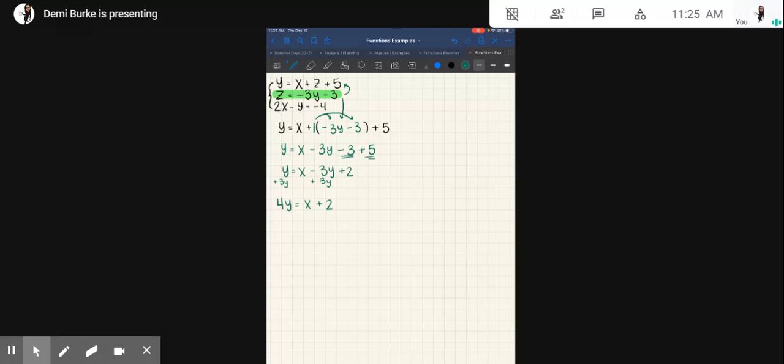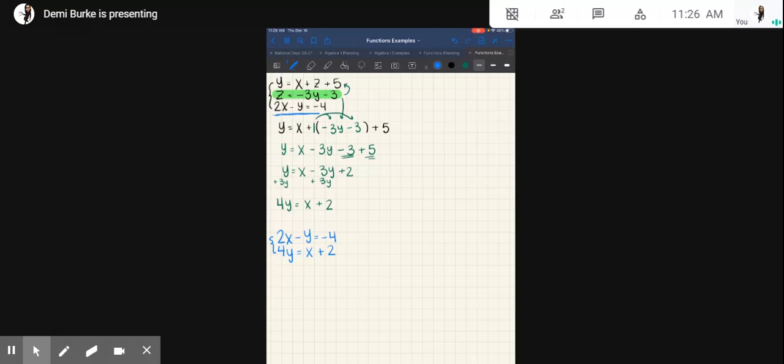This is where you're going to have a couple of options for how you want to do this. So I'm going to bring down, I'll bring them in blue, we have this equation here, we have the 2x minus y equals negative 4. And we have this 4y equals x plus 2. This is my new 2x2 system. There's a couple of ways we can do this.